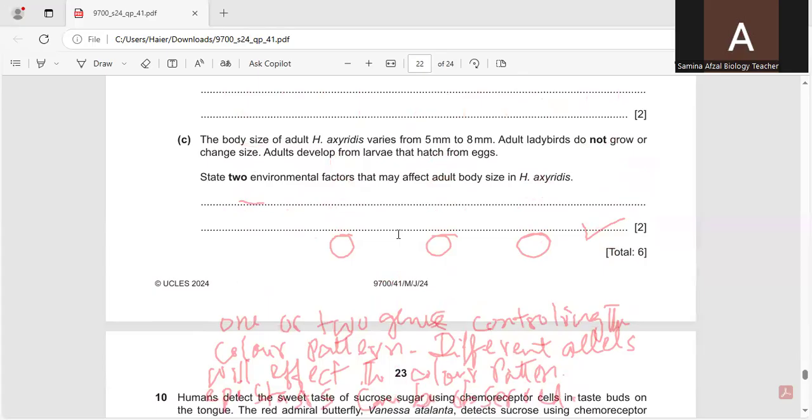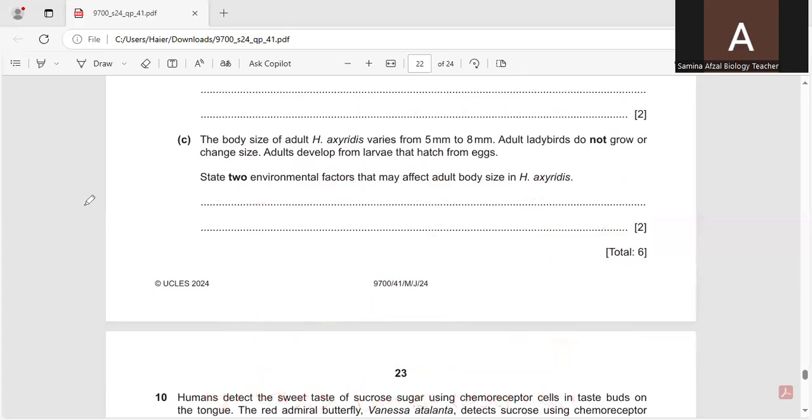Next question. The body size of the adult Harmonia axyridis varies from 5 millimeter to 8 millimeter. Adult ladybirds do not grow or change size. So we have to state environmental factors due to which the body size can be changed.